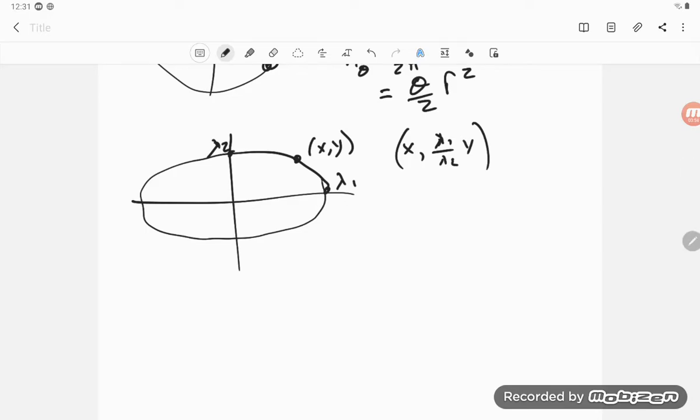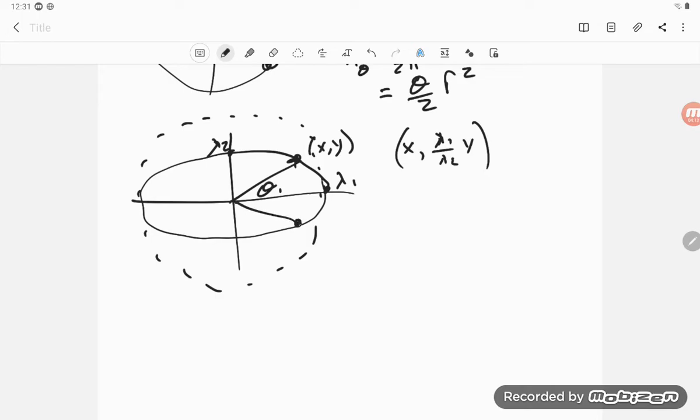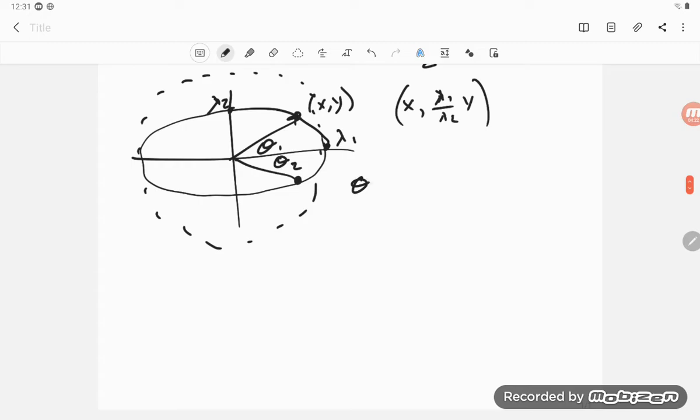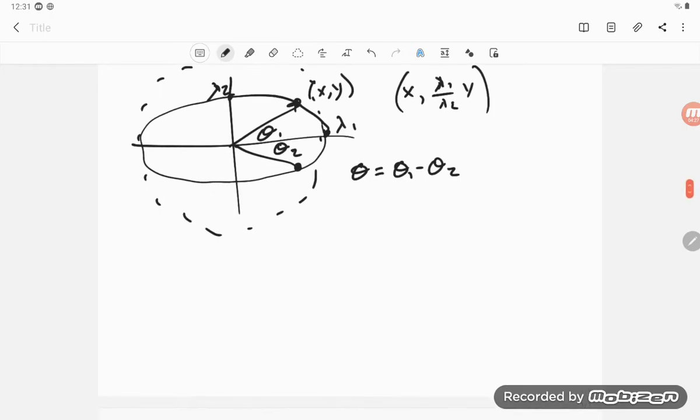So if I did that, it would stretch the y here, and so I have that. Now let's look at what happens with some theta 1 and theta 2 in here. So I can still get a sector here, so I have my theta is theta 1 minus theta 2. And now, though, I need to make a new theta because I've got that circle.